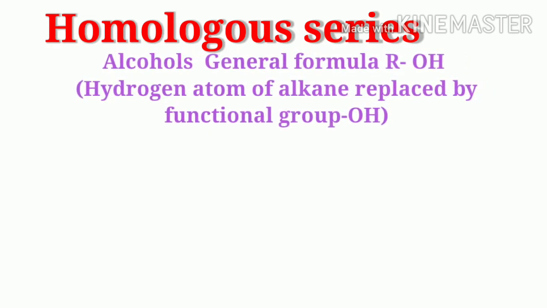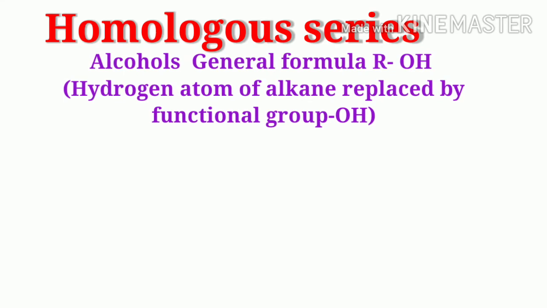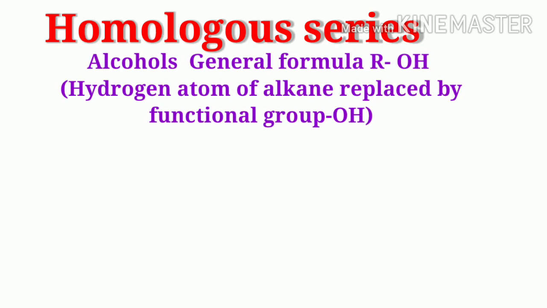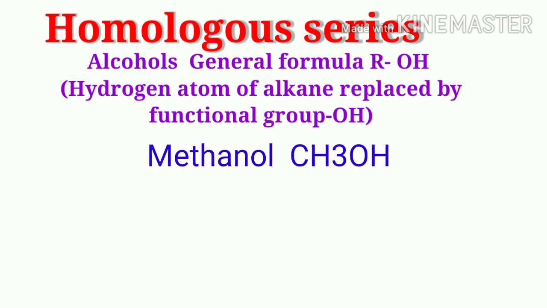Our next homologous series is that of alcohols with general formula ROH. Members of this series can be formed if we replace hydrogen atom of alkane by functional group OH. So if we replace hydrogen of methane with OH, we have first member of the series methanol CH3OH.